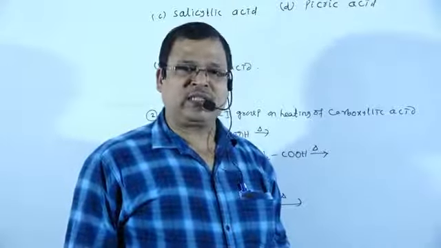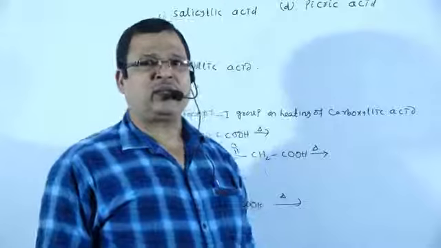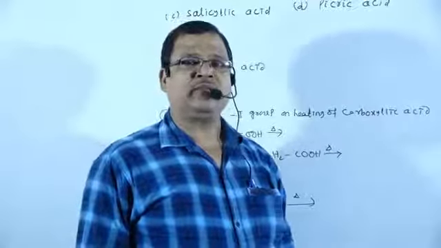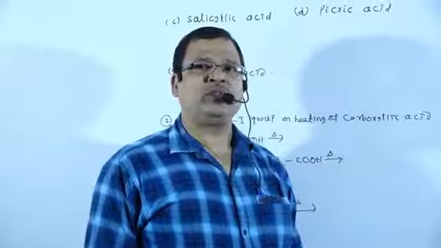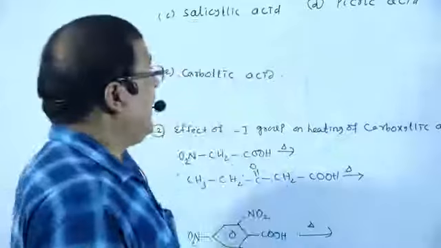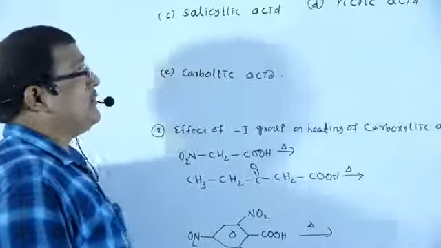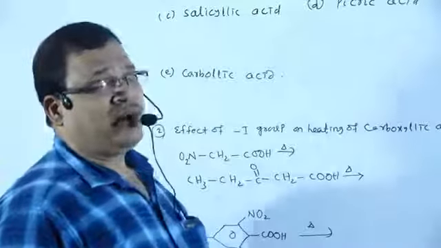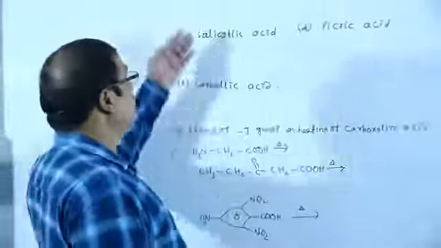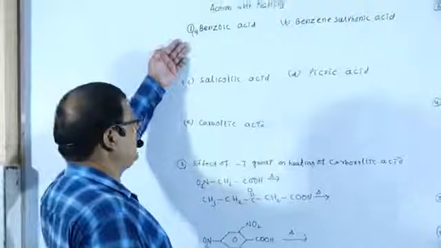Benzoic acid is more acidic as compared to phenol, because the benzoate ion is more stable than the phenoxide or phenate ion, and that is explained on the basis of the reaction with sodium bicarbonate with the release of carbon dioxide.